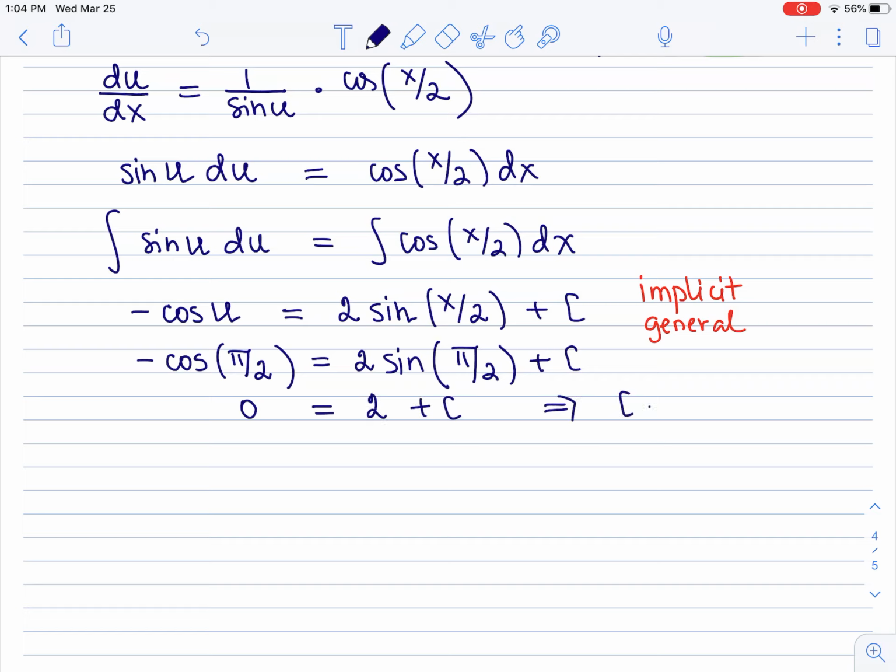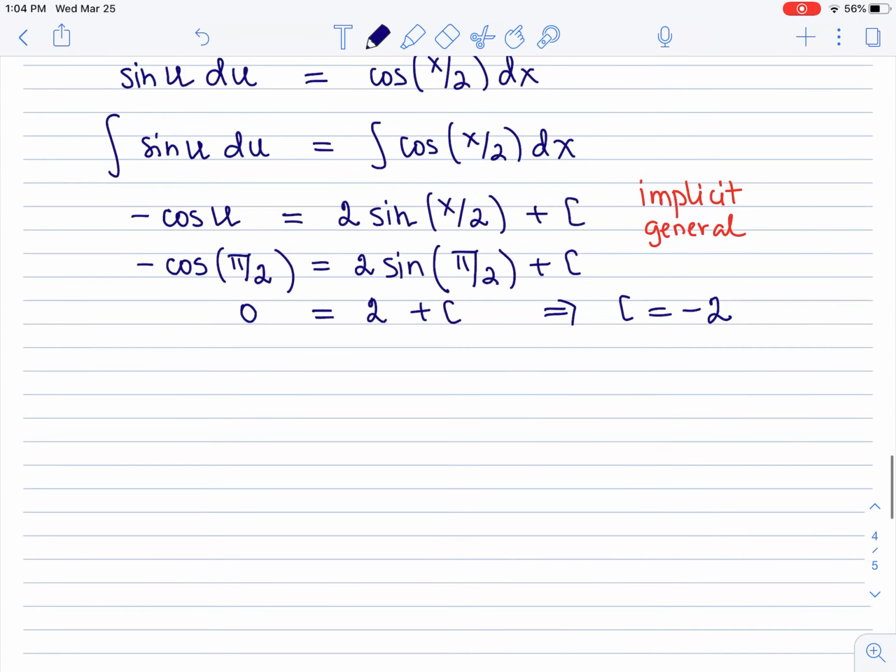So we conclude that c is equal to negative 2. Our solution looks like negative cosine of u is equal to 2 sine of x over 2 minus 2.